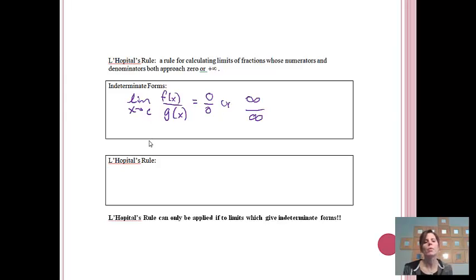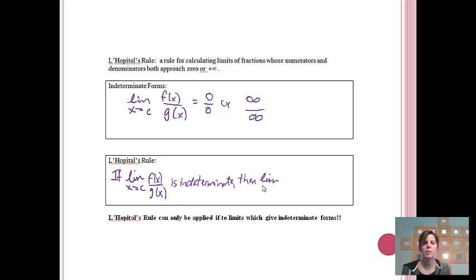So what we're going to do is something that's called L'Hopital's rule. If the limit as x approaches c of f of x divided by g of x is indeterminate, then this is L'Hopital's rule.